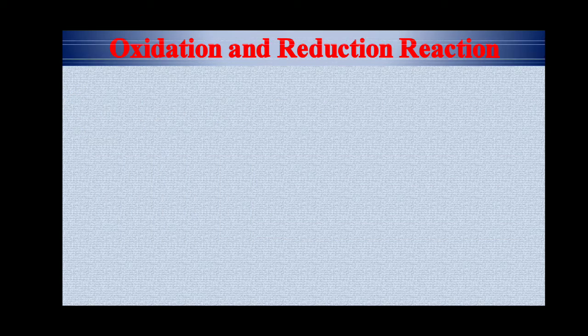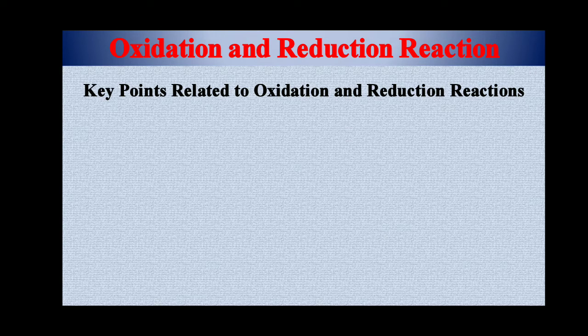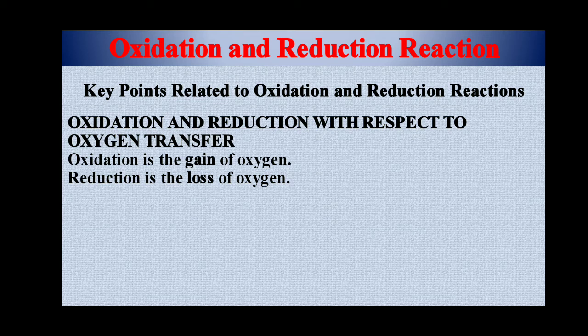Okay, now the next topic, that is the different key points that you have to remember while studying oxidation and reduction reactions. Number one, oxidation and reduction with respect to oxygen transfer.